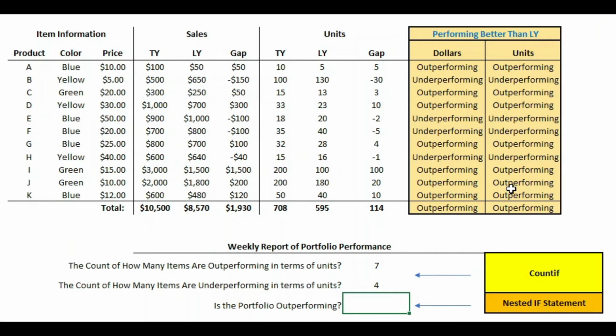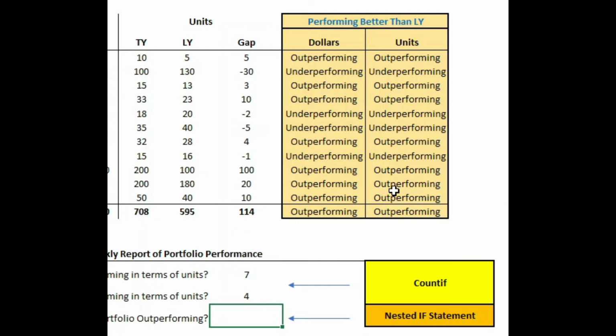So we have a total of 4 underperforming items. So if I was to add the outperforming and underperforming together, we should have 11 different products.